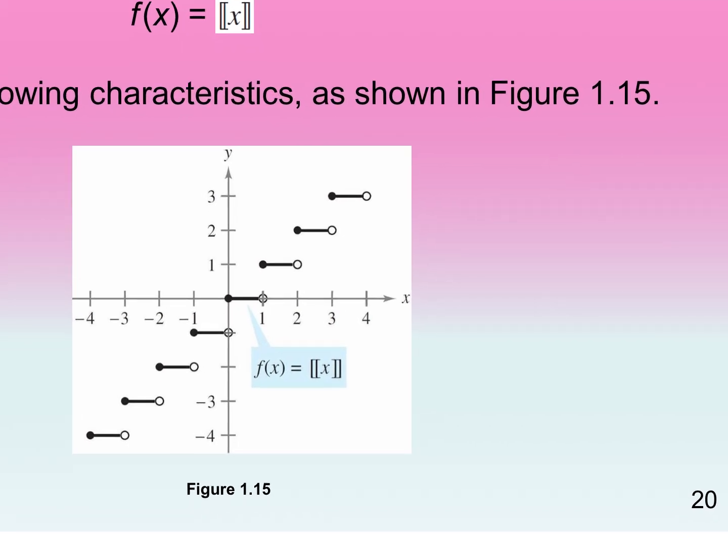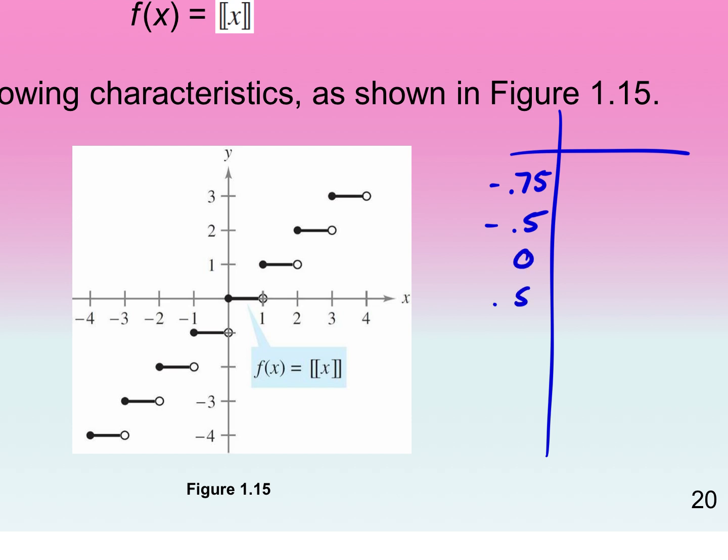One way that we can graph it or figure out our graph is you can make a table of x's. So let's say I had -0.75, -0.5. Let's do 0, 0.5, 0.75, 1, and 1.5.